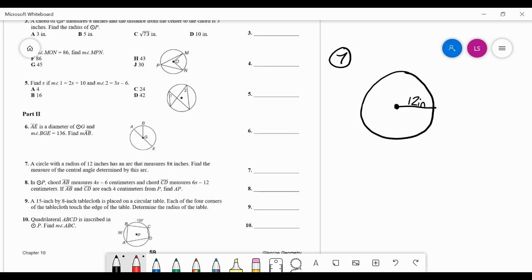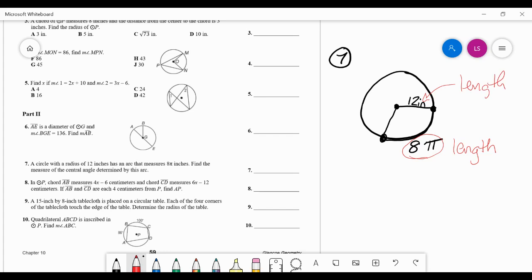Number 7. A circle with radius of 12 inches has an arc that measures 8 pi inches. So somewhere on this circle, we have an arc that measures 8 pi inches. Now remember, this 8 pi is a length. This radius is also a length.